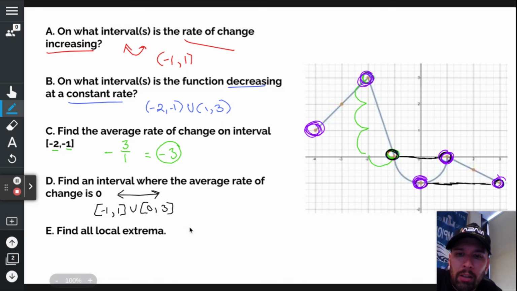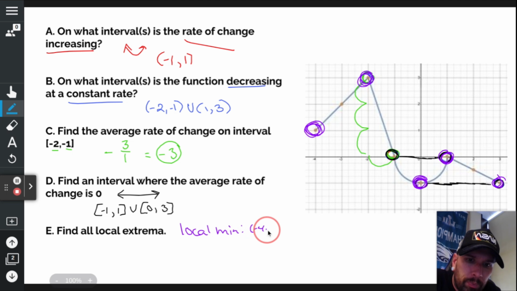Okay, so let's list out all the local minima, local min. Okay, and we'll give the actual points. You're a local min, so negative 4, 1. You're a local min, so 0, negative 1.